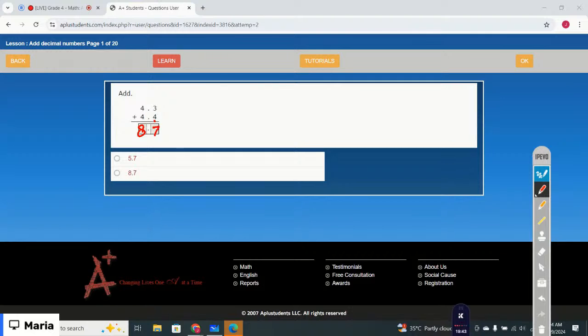That is 8.7. Option number 2 is the correct option. So the correct option is 8.7.